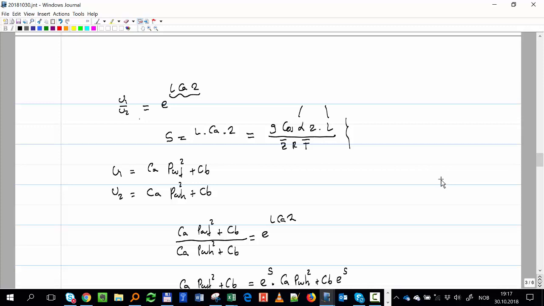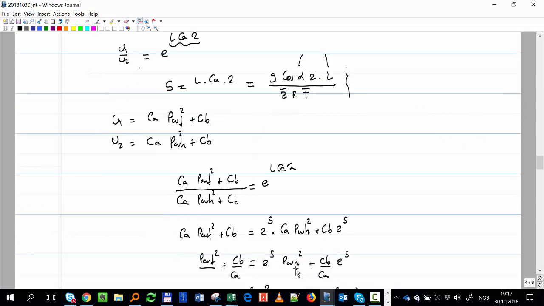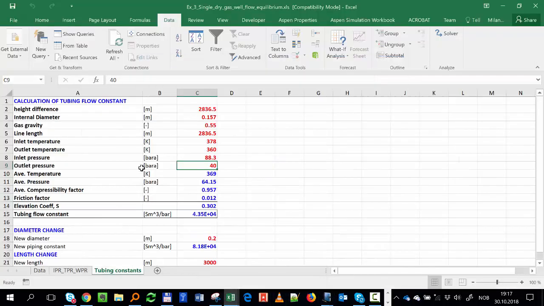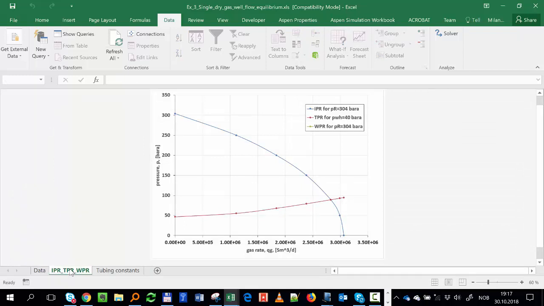So we assume. Here in the tubing constants, we have assumed that the inlet pressure, we had no idea what it was going to be, so I assumed reservoir pressure. Now, from the equilibrium, I found that actually my pressure is not close to reservoir pressure, but closer to separator pressure. So it should be 88.